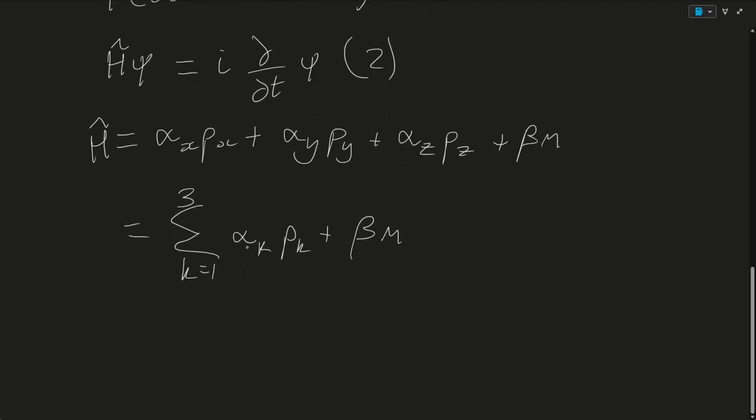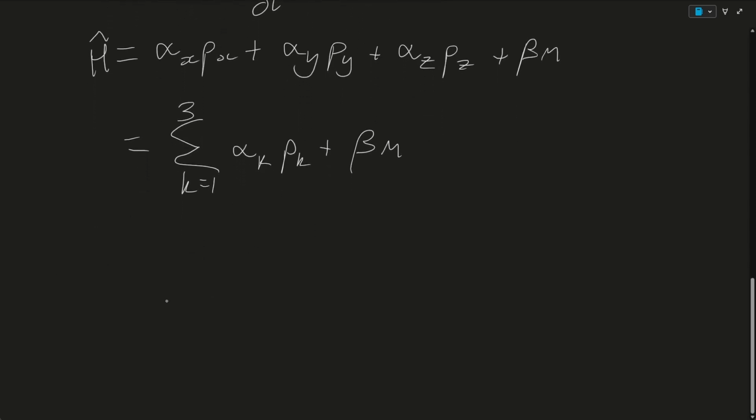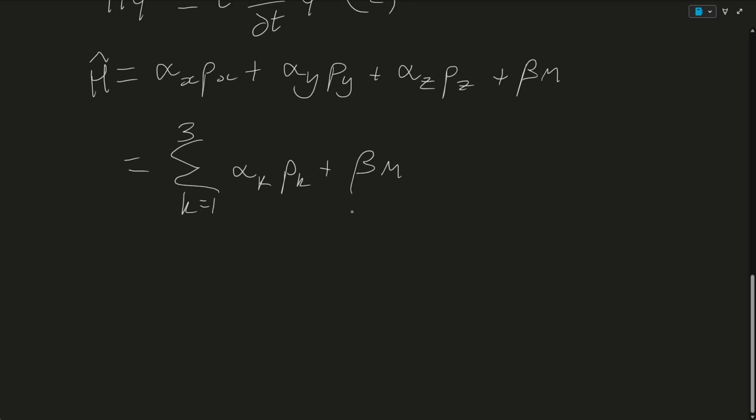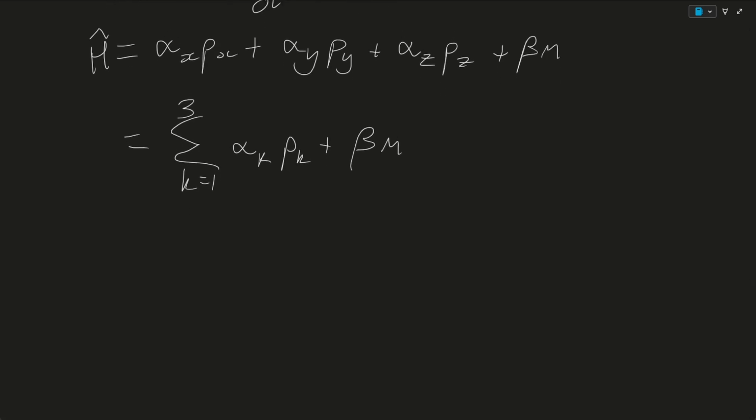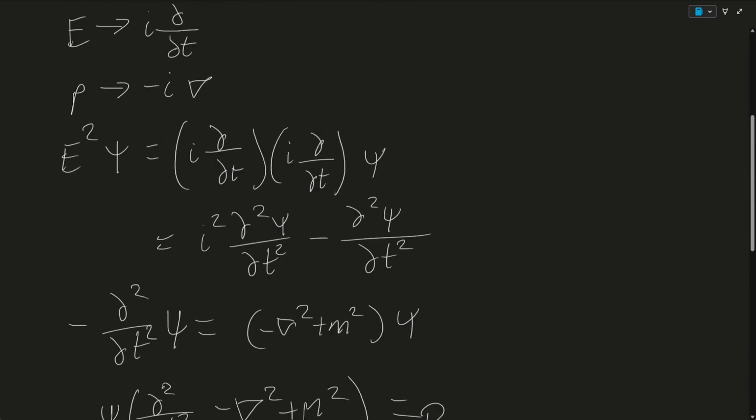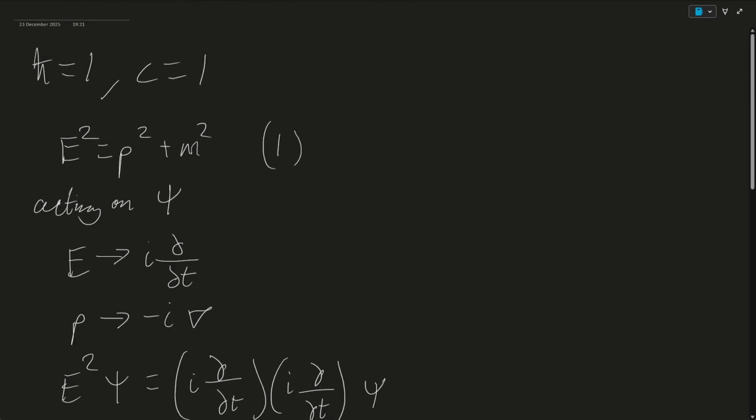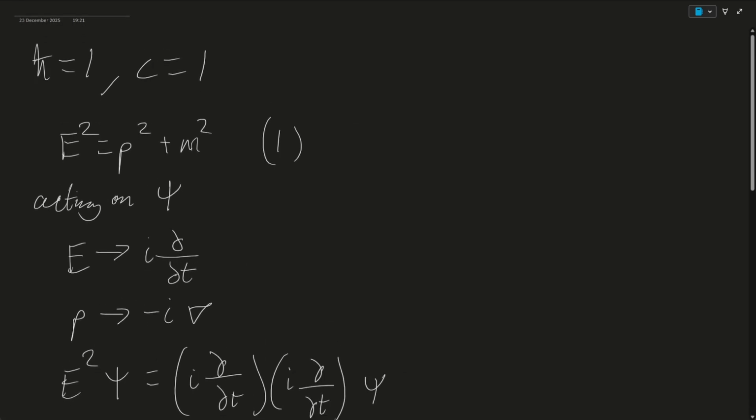Here alpha k and beta are undetermined coefficients. So for this to be physically valid, squaring it must yield our energy-momentum relation.